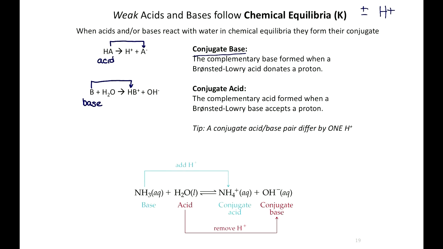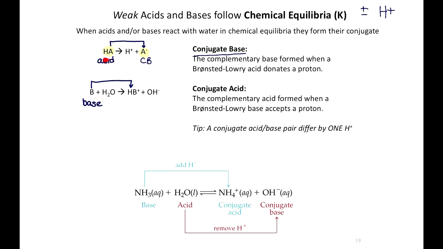So we're looking at H+ movement, and again, important in organic chemistry as well. When you put an acid into water and it donates its proton, the product that's made, this anion, we call this A minus your conjugate base. Right? So HA is an acid, but if you just put A minus into water, it may behave like a base, because now this A minus can accept protons if it wants to.